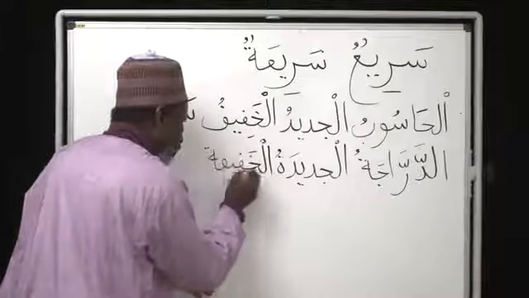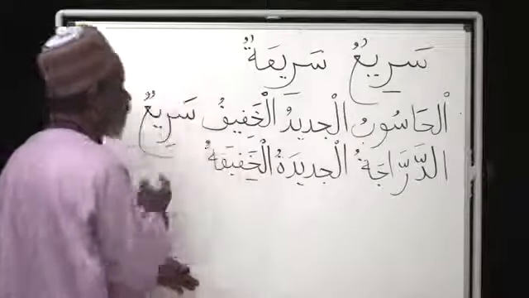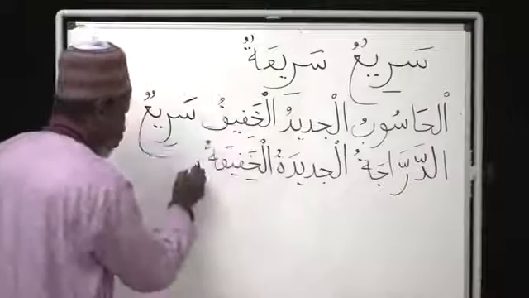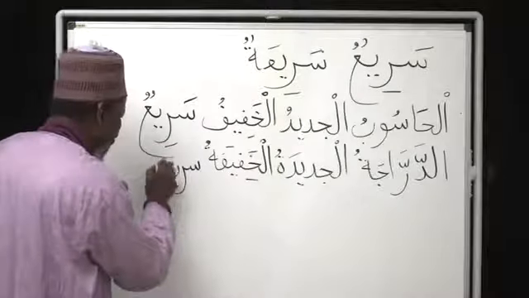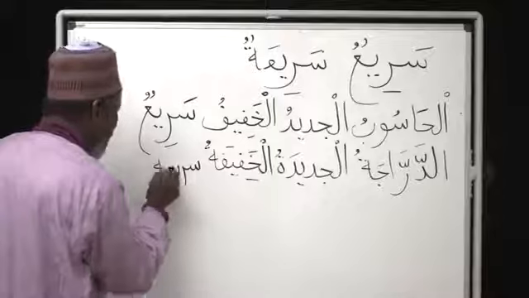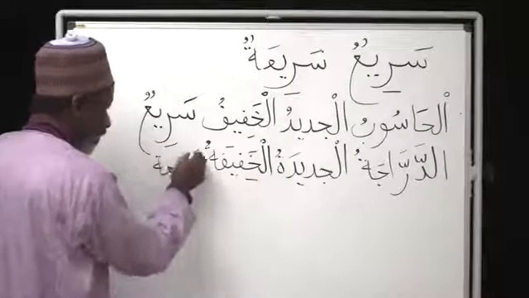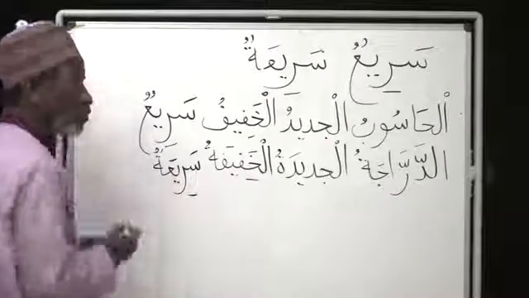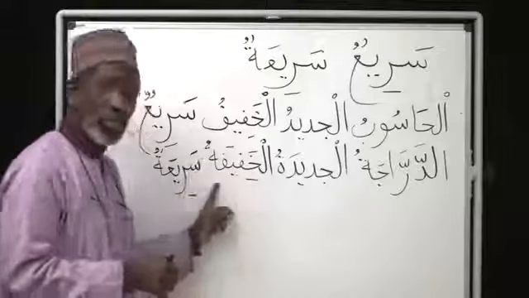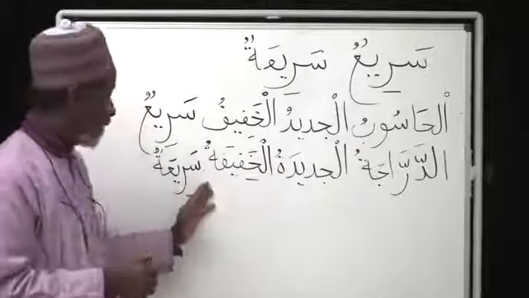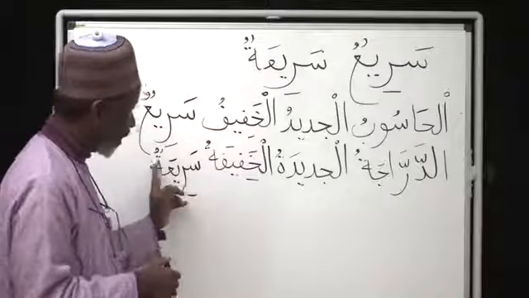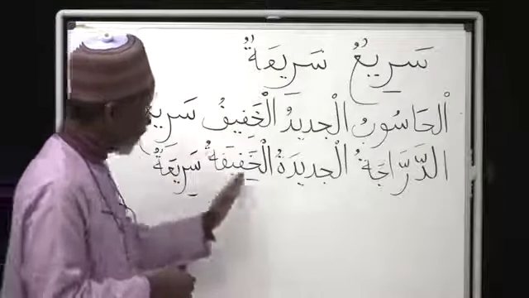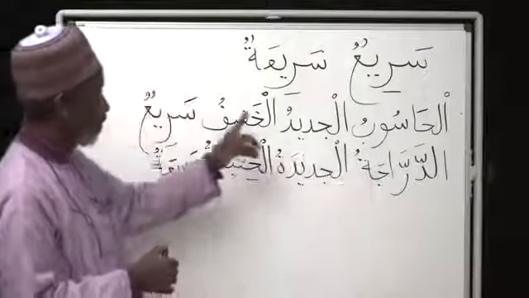Drop the L and get your "is" implied. Seri'atun. All the way the gender is maintained: feminine, feminine, feminine, feminine, masculine, masculine, masculine, masculine.